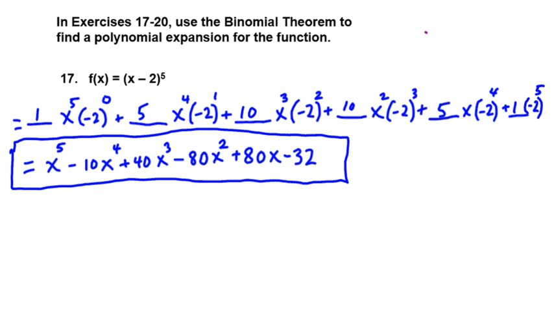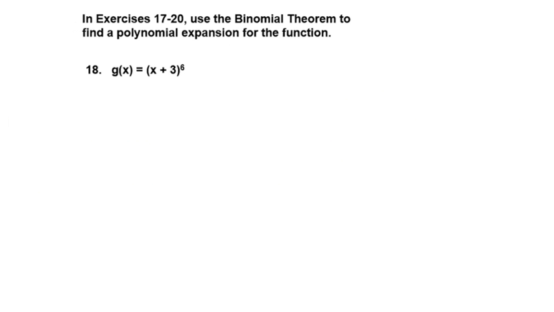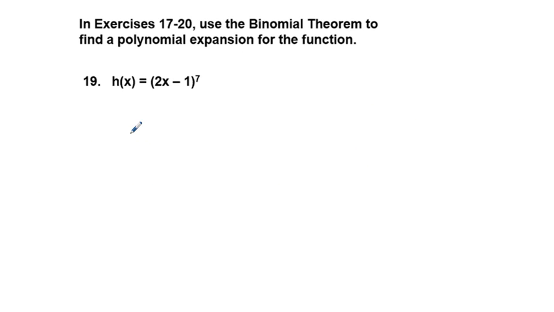Okay, let's go on to problem number 19, which we have h of x equals quantity 2x minus 1 to the power of 7. So similarly, like we did problem 17, we're going to have some coefficient times 2x to the what power? To the 7th power.